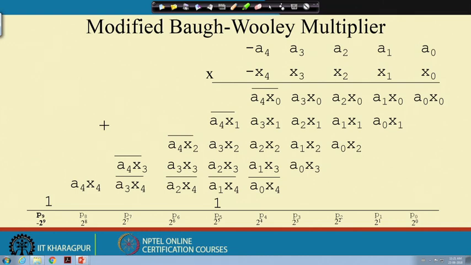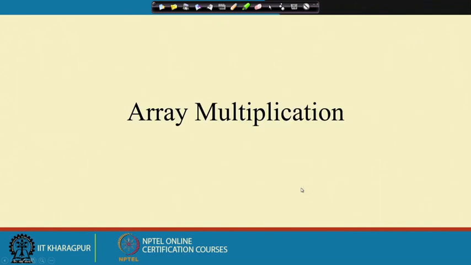Okay. So, this is the basic fundamentals of signed multiplication, which is basically the Bogly multiplier, and then we have seen this modified Bogly multiplier. Okay. Then there is another type of multiplier architecture, which is known as array multiplication.